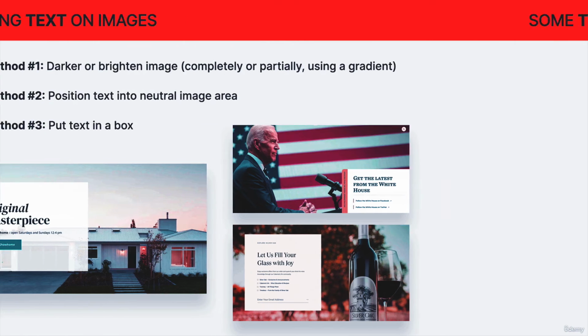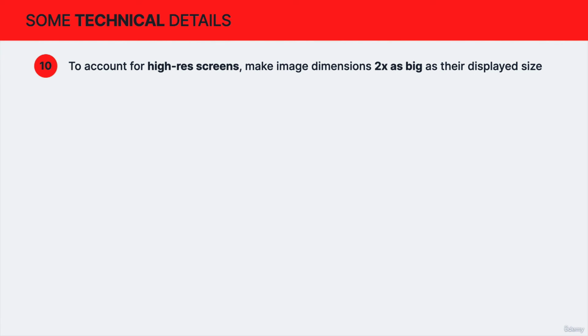Now, finally, to finish up this lecture, we also need to talk about some technical details of actually using images. And the first thing here is that we need to account for high-resolution screens, such as smartphone screens and screens in high-end laptops, such as Apple's MacBooks or the Dell XPS.